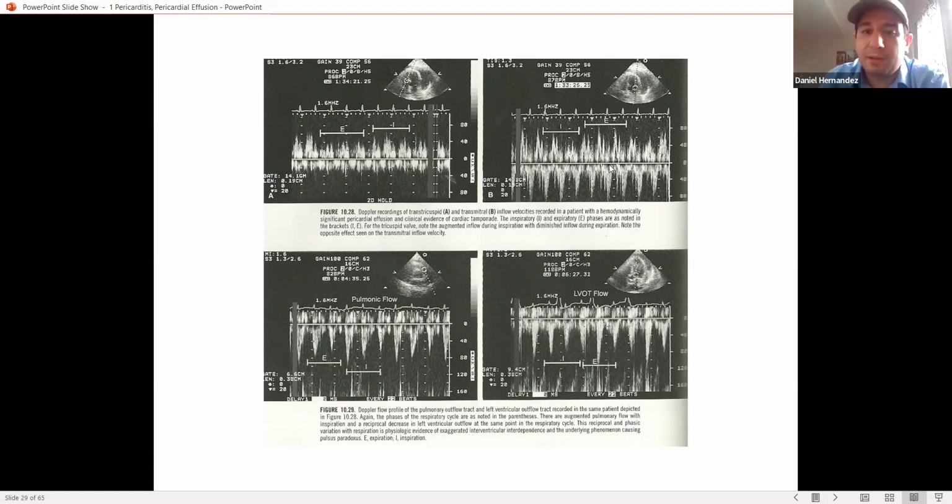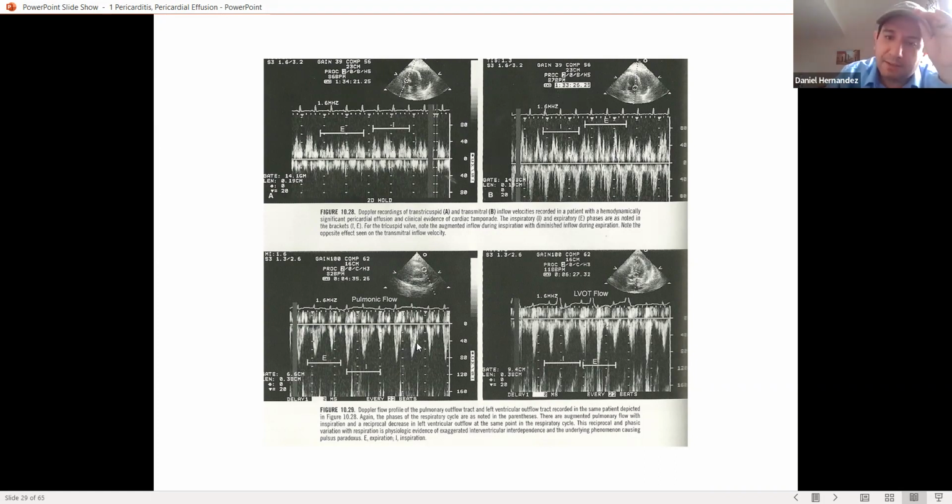This is one of the signs that there's compromise or increased pericardial pressures affecting the inflow of our tricuspid and mitral flow.